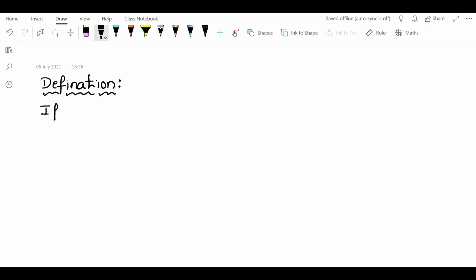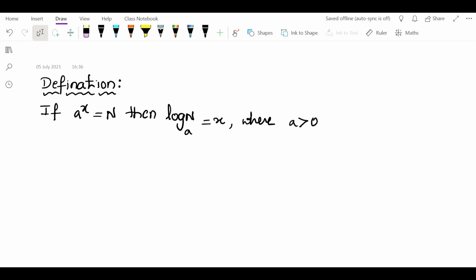If a to the power of x is equal to n, then log n base a is equal to x, where a greater than 0, a is not equal to 1, comma, n greater than 0, and a comma n belongs to R. Here R means real numbers.